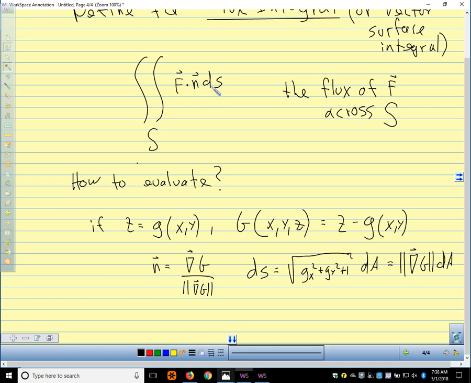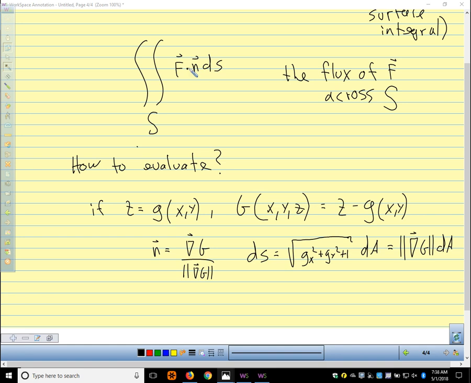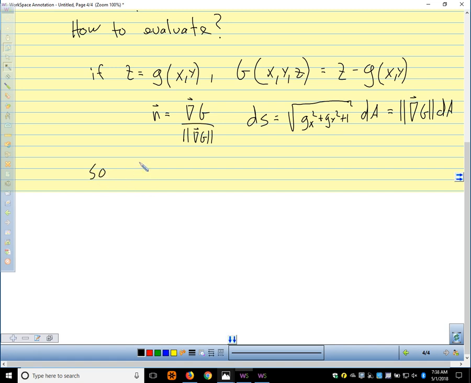So F dot n dS is F dot del g over the magnitude of del g times the magnitude of del g dA. And we get our flux integral, F dot n dS, is the double integral over our region in the xy plane of F dot del g dA.